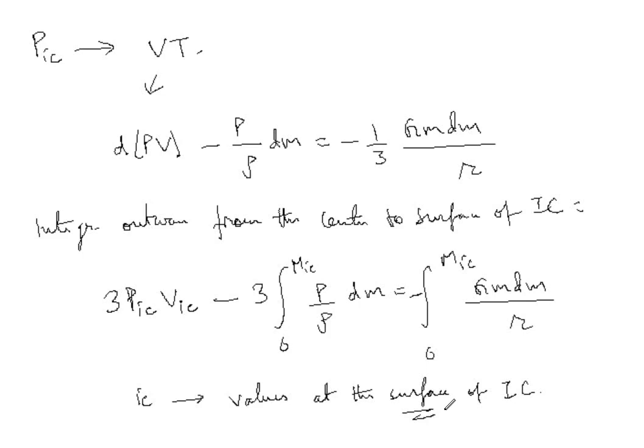Okay, now you see the first term here, what is this value? This is basically your 4 pi R_IC whole cube into P_IC. 4 by 3 term, and this 3 cancels out, so this. Now we will do an approximation. Let us assume the core to be an ideal gas.